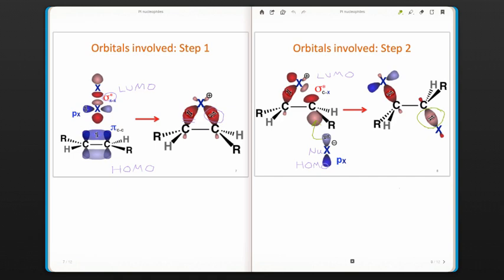Because the nucleophile comes in towards the halonium from the opposite side of the halonium, but in the same plane or in line with that breaking bond, we call this anti-periplanar attack of the nucleophile. So the nucleophile enters anti-periplanar to the leaving group.